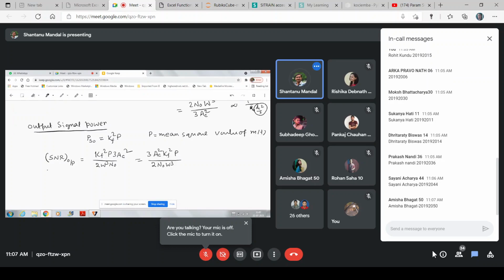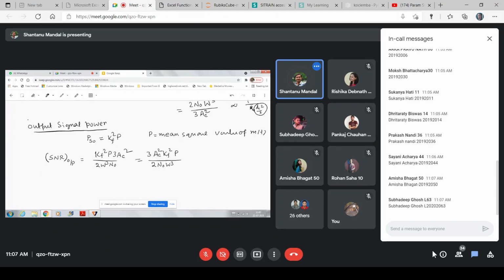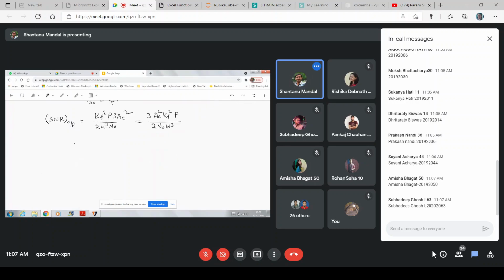So here the signal input is the carrier signal power.